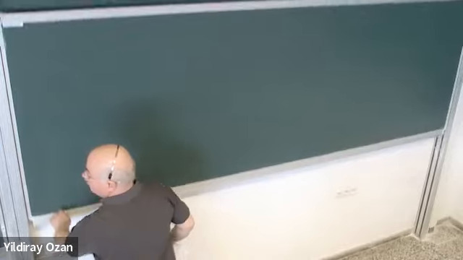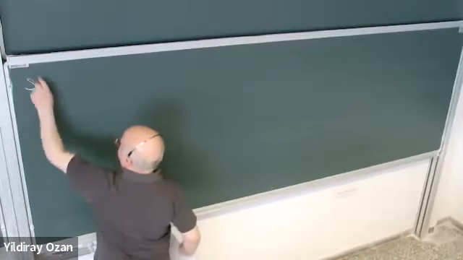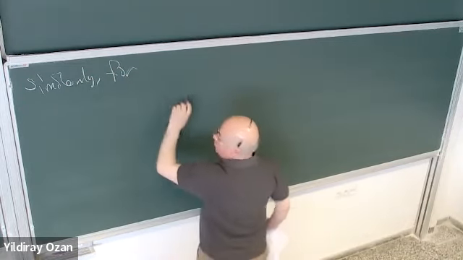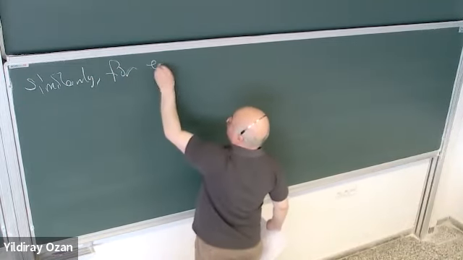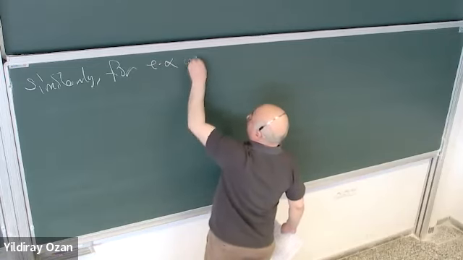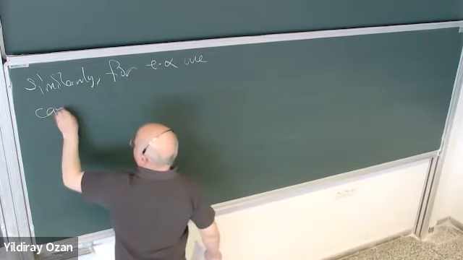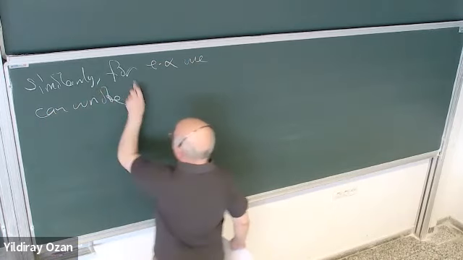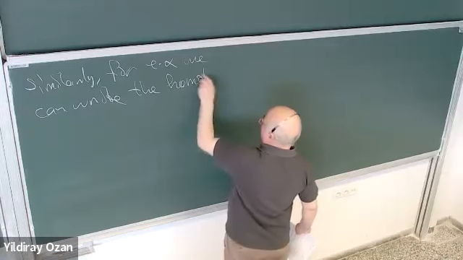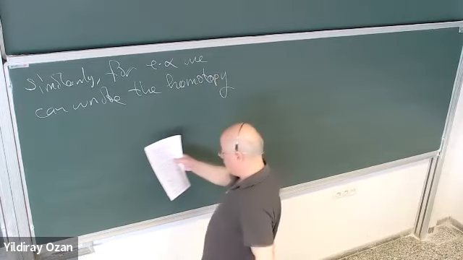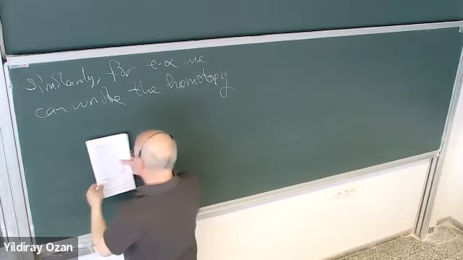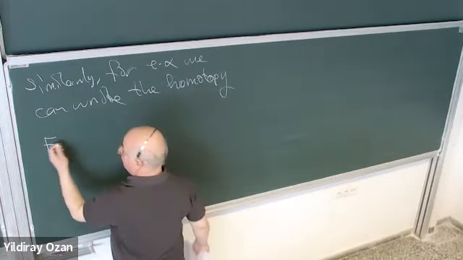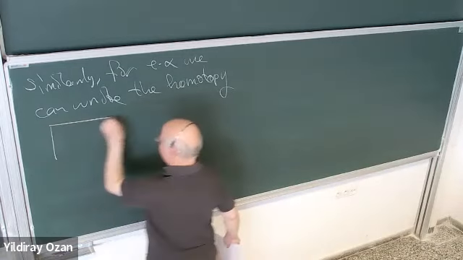So similarly, for E composition alpha, we can write the homotopy. Orada da işte ne yapacağız? Şunu yapacağız. F of, yani bu sefer şöyle, değil mi?